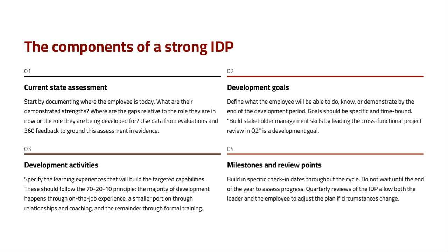For example, a goal might be to build stakeholder management skills by leading a cross-functional project review in the second quarter. Then, we outline development activities that support these goals, following the 70-20-10 model. That means most learning comes from hands-on experience, some from relationships and coaching, and a smaller portion from formal training.